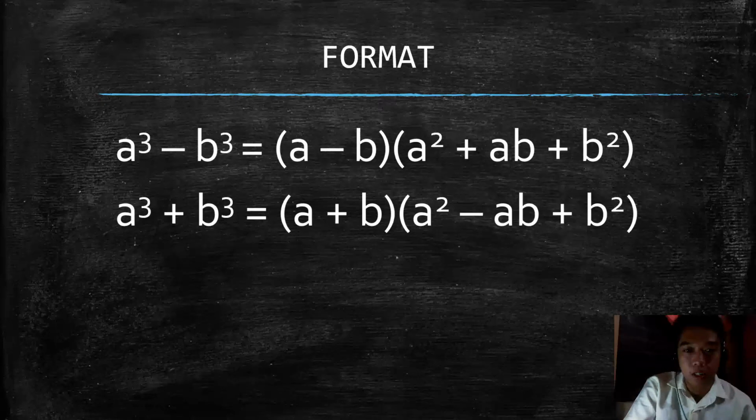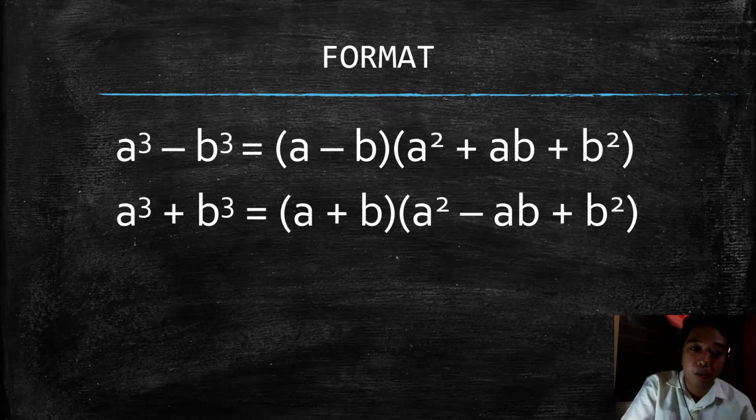Actually kasi, kung gusto niyo i-check yan, kung may doubt kayo sa format na yan, you can check the expression by multiplying. I-distribute nyo yung terms ng binomial sa trinomial, and then you're going to arrive at an answer of difference of two cubes or sum of two cubes. So, let's proceed now to the example.